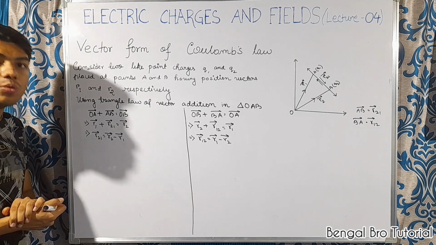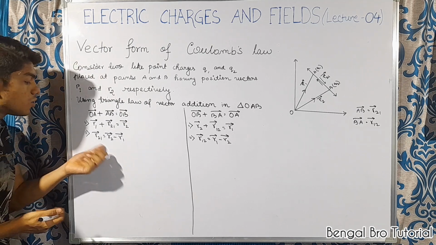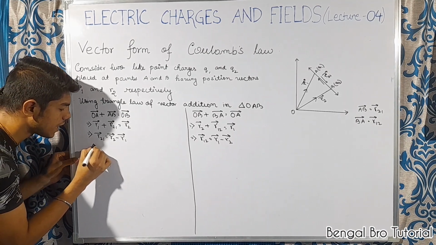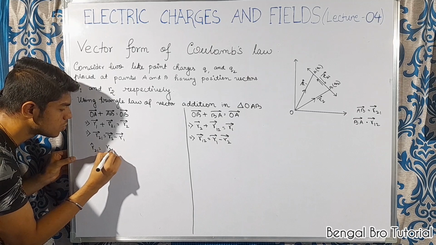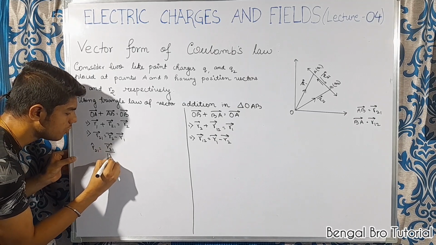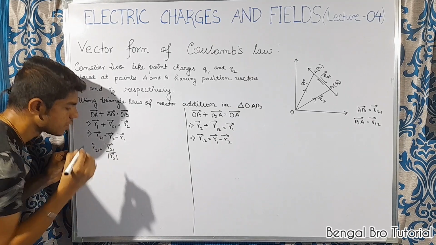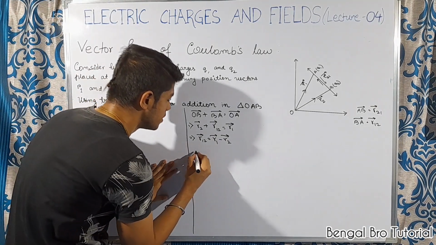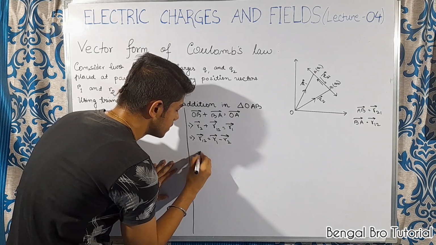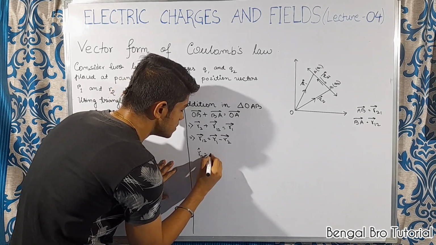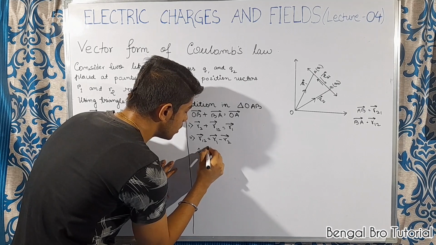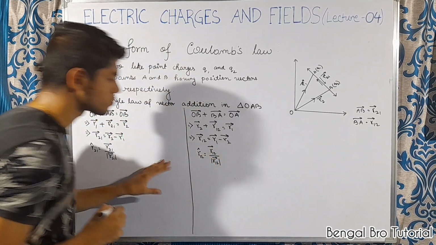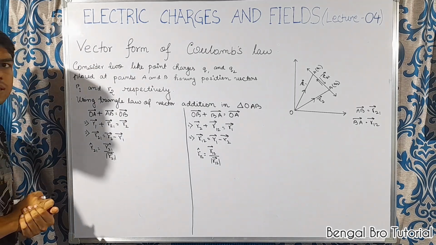Well, now unit vector in the direction of R21 can be written as R21 cap is equal to R21 vector by mod of R21 vector, and unit vector in the direction of R12 can be written as R12 cap is equal to R12 vector by mod of R12. Did not understand?